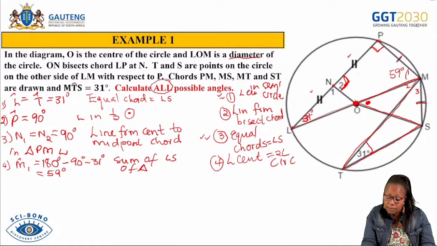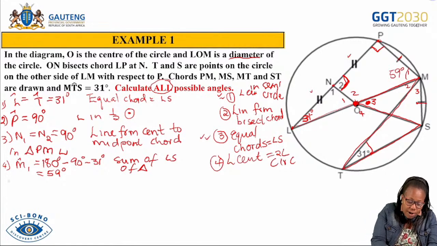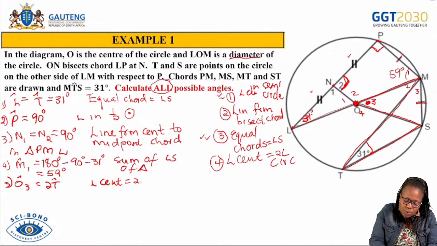Let's continue now. We have not applied the center and the circumference. We can now calculate; let's call these O1, O2, and then O3 and O4. Now we want to calculate O3. To find the value of O3, look at O3, that is the center angle for T. Angle at the center, which is O3, is twice angle at the circumference, which is T. Our reason: angle at center is twice angle at circumference.